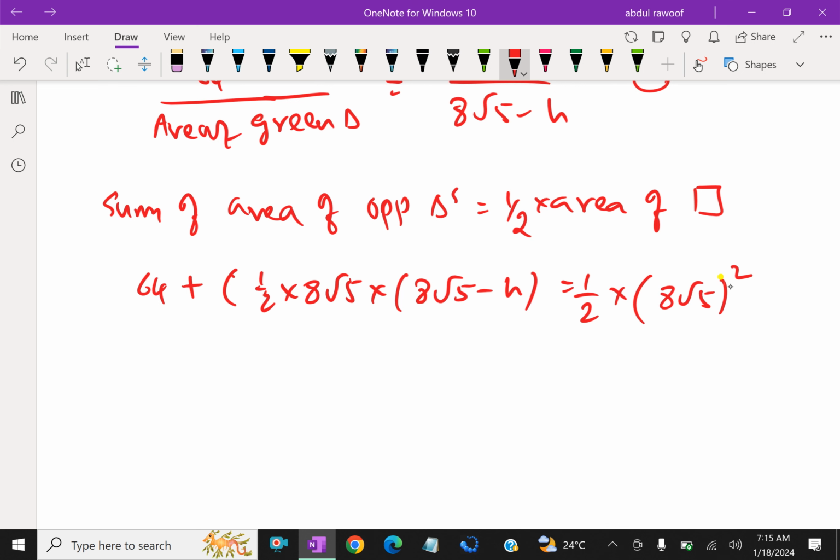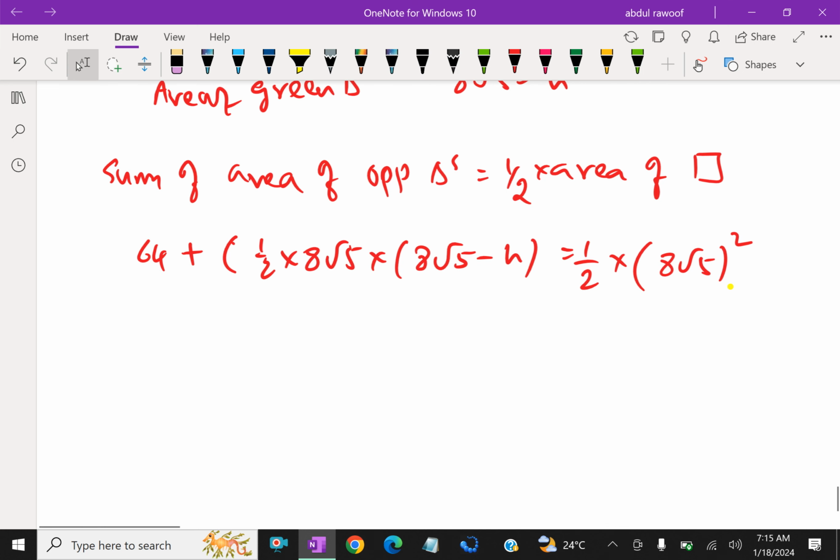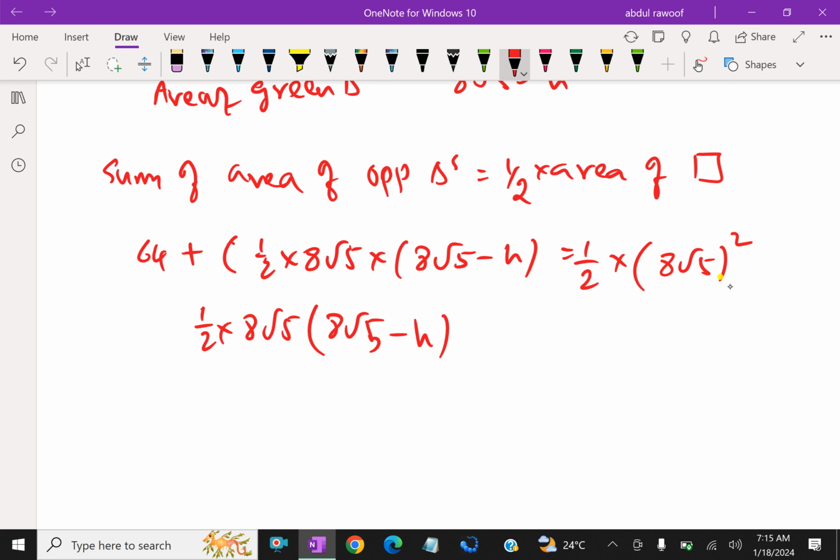So by using this relation, half into 8 root 5, 8 root 5 minus h, equals half into 8 root 5 squared minus 64.